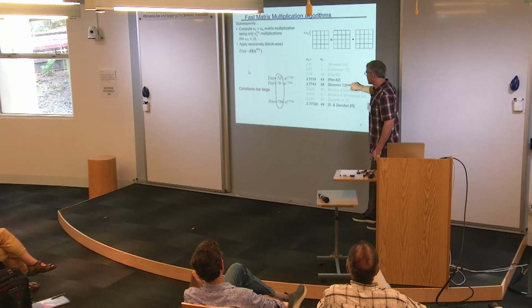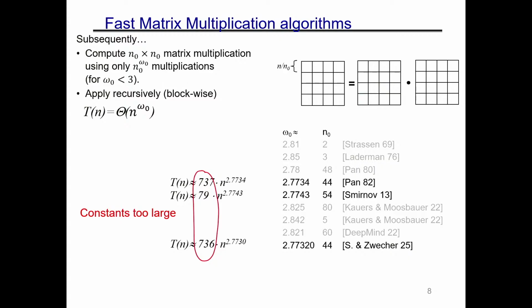Smirnov used the alternating least squares method. They used Flip Graph's method, and DeepMind was one of several who used AI-based search, so either AlphaTensor, AlphaEvolve, and others.